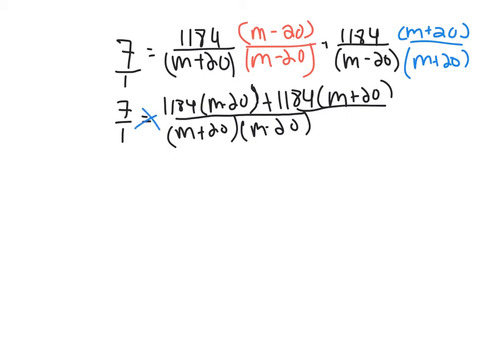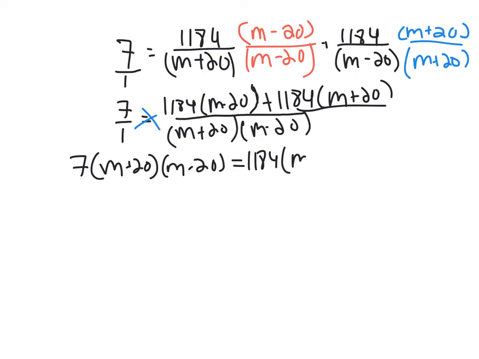When I do that, I have 7 times m plus 20, m minus 20. On my right side, I have 1184 m minus 20 plus 1184 m plus 20.